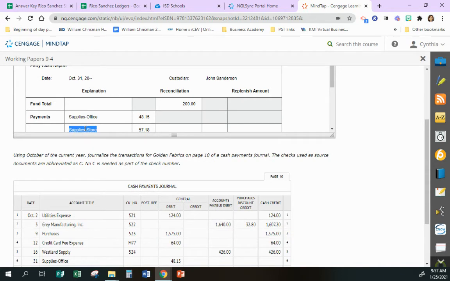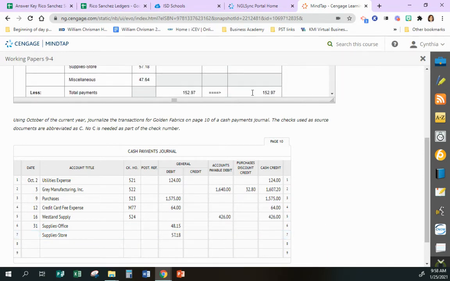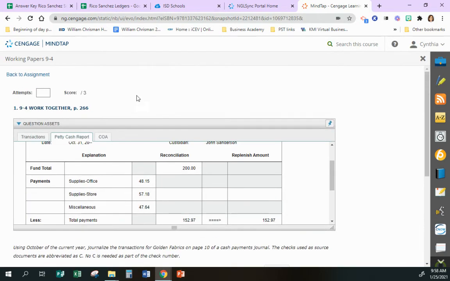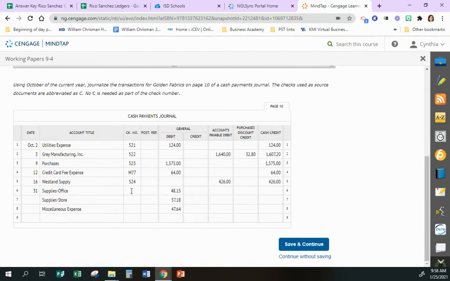Then we have supplies store for $57.18. Then we have a miscellaneous expense for $47.64. This is going to be done with check 525.